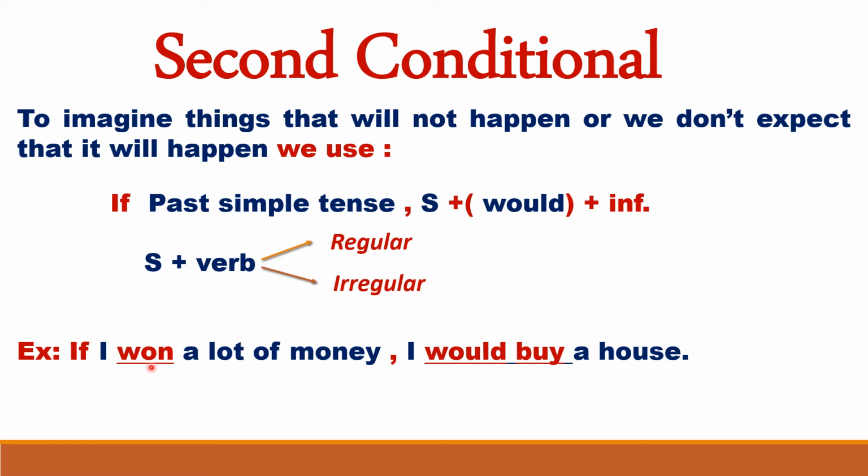We see the origin of the verb won is win, which becomes won in the past simple. Why did I change the verb win to won? Because the second conditional says after if clauses we have past simple tense. So if I won a lot of money, then I put a comma to separate these two sentences.